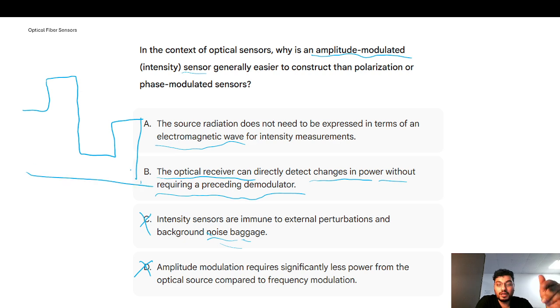So it can be played like this. So the best, convincing answer is option B, which is the optical receiver can directly detect changes in power without requiring a preceding demodulator.